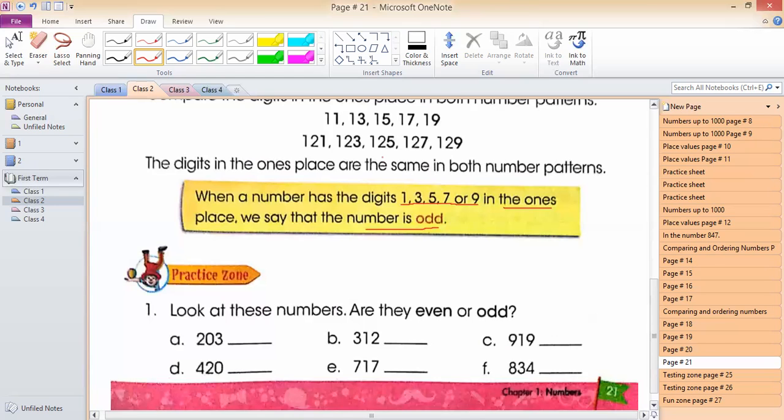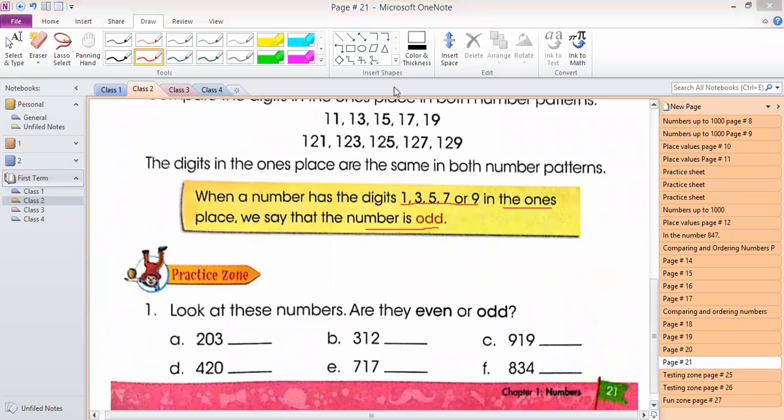Even numbers are the numbers which are divisible by 2. To identify an even number, you need to check the last digit. It should be 0, 2, 4, 6, or 8. For an odd number, the last digit should be 1, 3, 5, 7, or 9. Is it clear, guys?